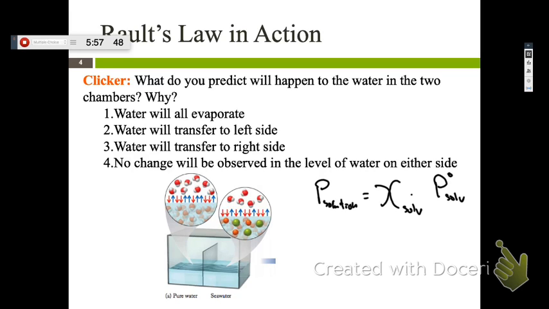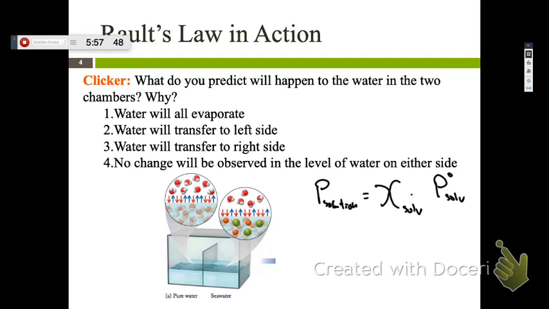If it's a pure solution, what's the mole fraction of solvent? 1. So the vapor pressure of the solvent times 1 equals the same. So it's the same. No solute, no difference in pressure. As more solute is in there, what happens to the mole fraction? It becomes smaller, right? Maybe 0.97, 0.95. And then that's directly, exactly proportional to the vapor pressure.